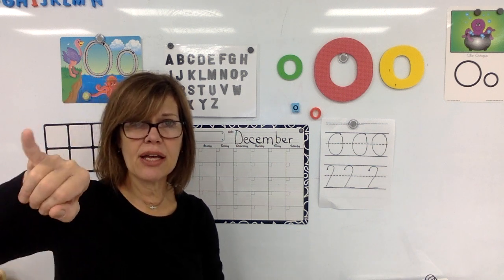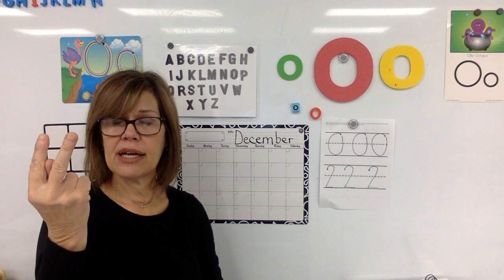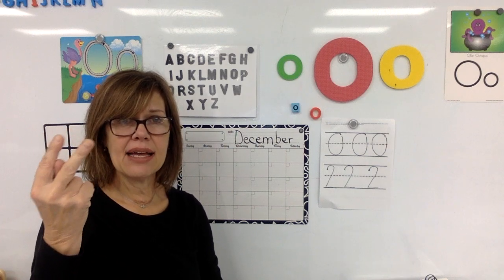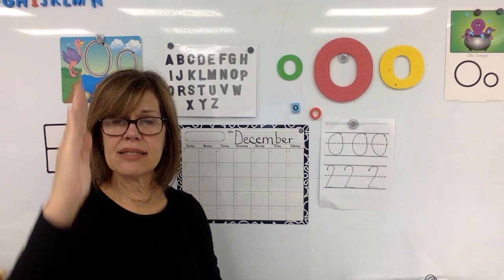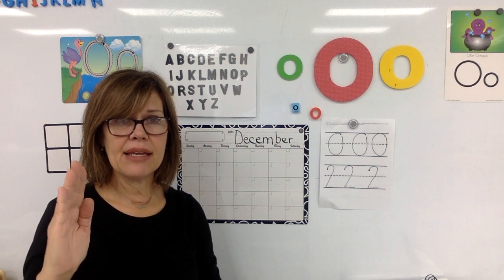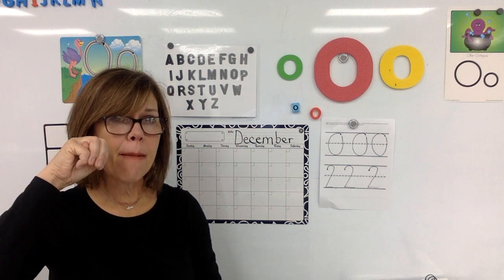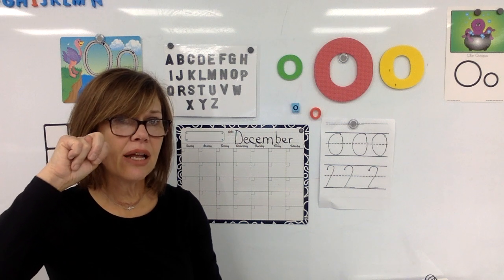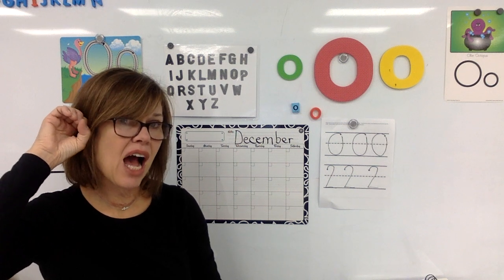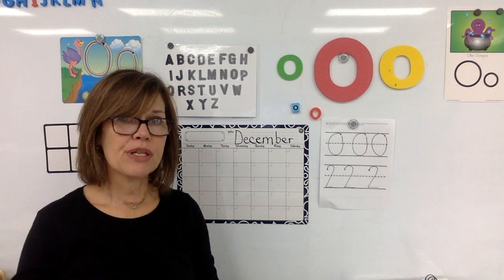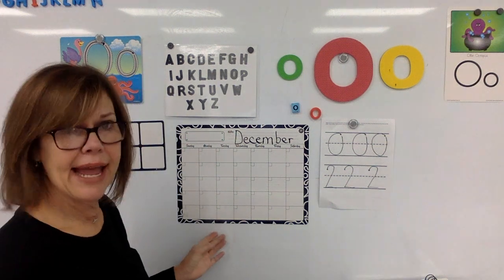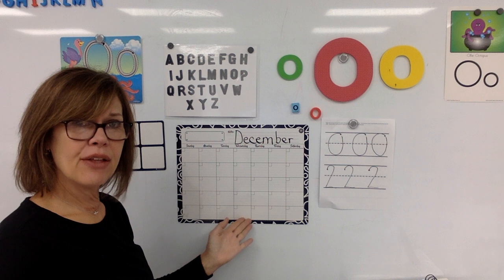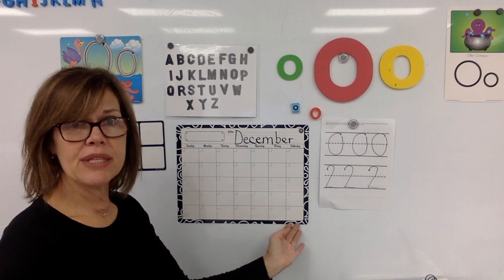J says jungle. K says kangaroo. L says lion. M says monkey. N says nurse. And O says octopus.